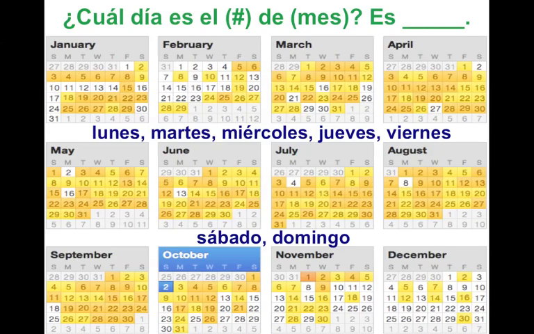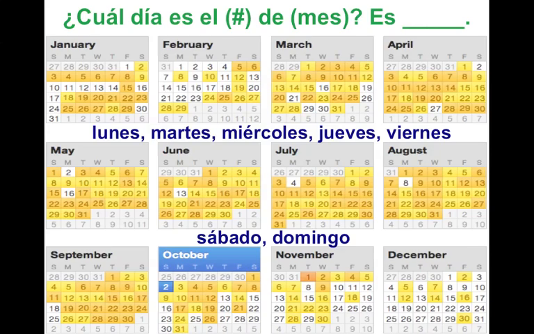Es jueves. ¿Cuál día es el 7 de agosto? Es domingo. August 7th is a Sunday.